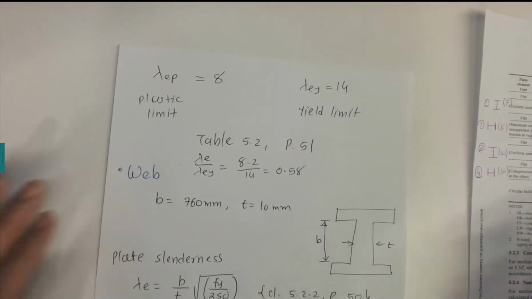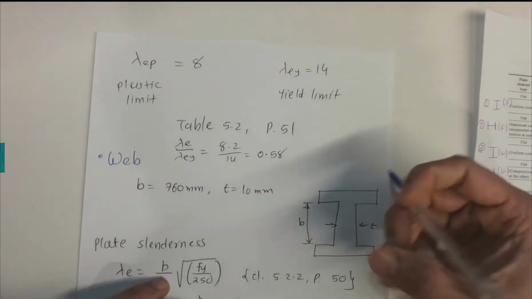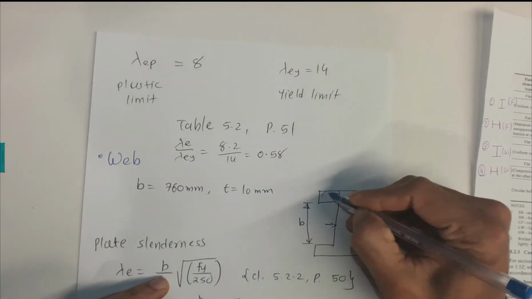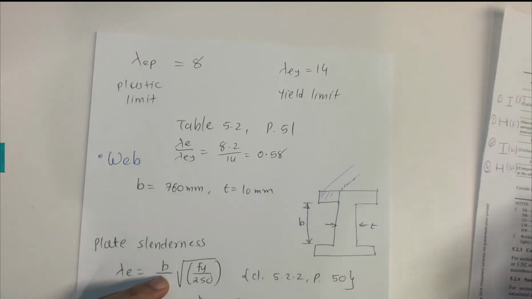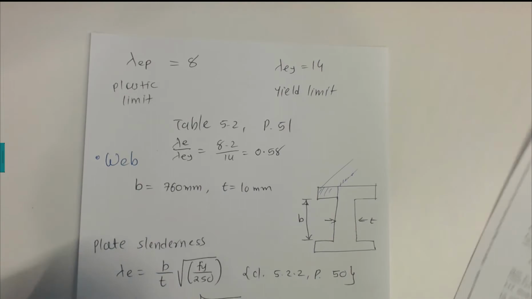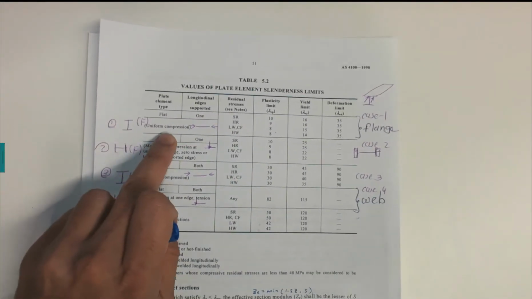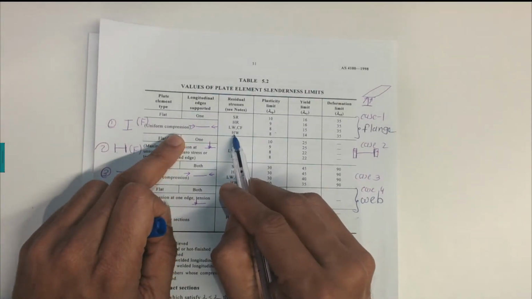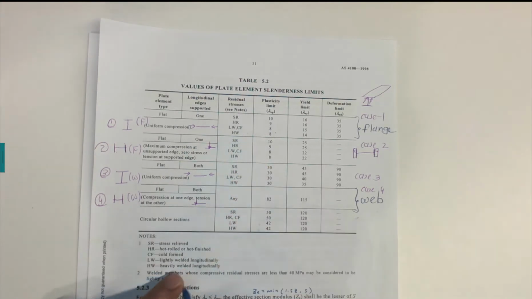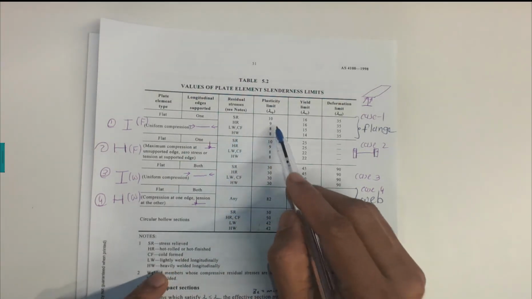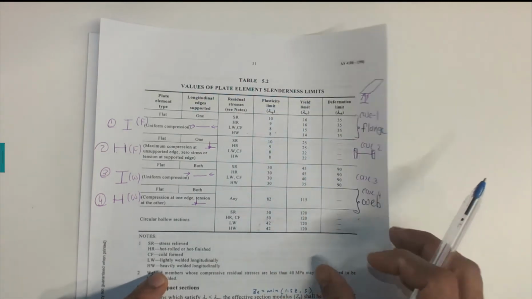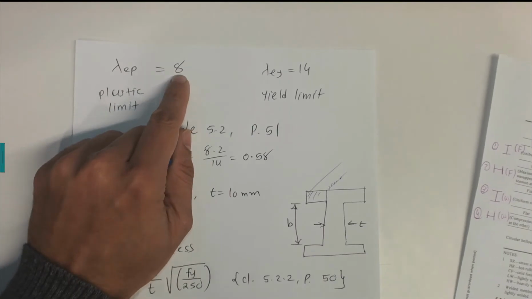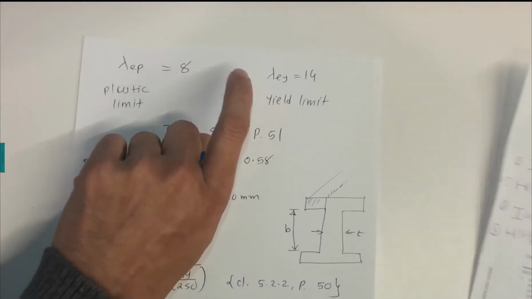You can imagine this is the flange, and one longitudinal edge is supported, therefore we have 1. It is under uniform compression and heavily welded longitudinally. We have this welded beam, so we take HW. The plastic limit is 8 and the yield limit is 14.